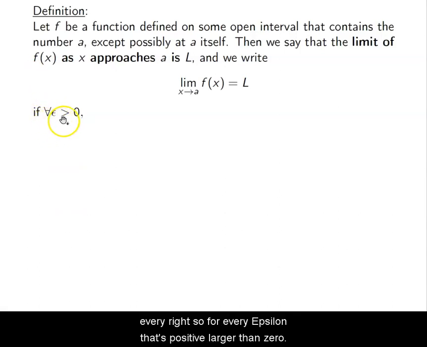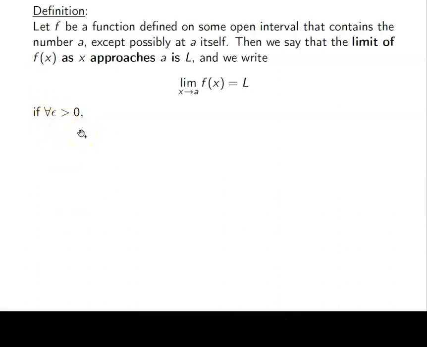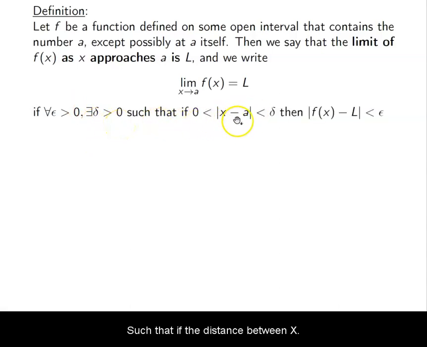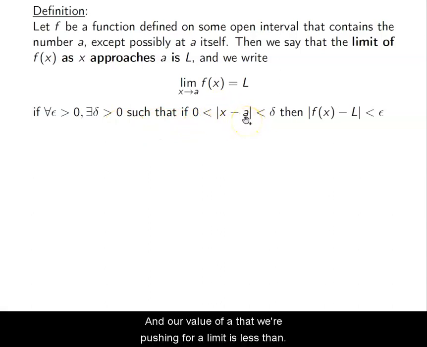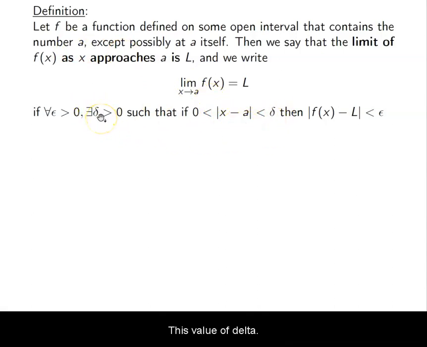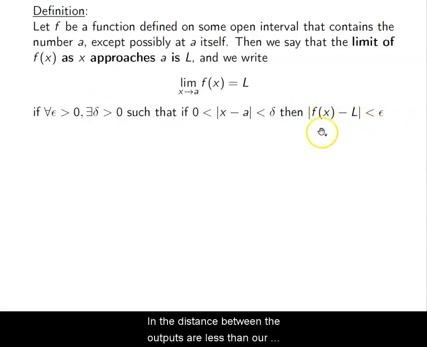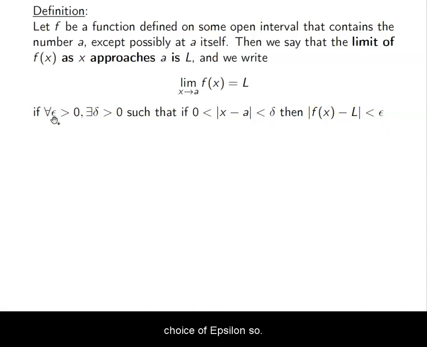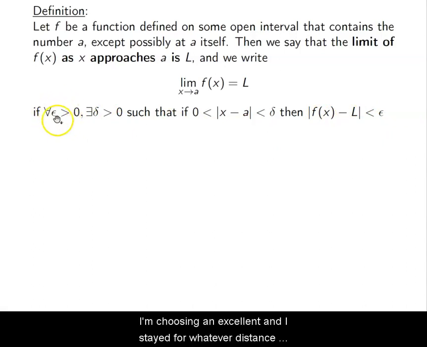So for every epsilon that's positive, larger than 0, so this means any choice for the value epsilon that I can think of, there exists, this backwards e means there exists, a delta that is larger than 0, such that if the distance between x and a, so any other point and our value of a that we're approaching for our limit, is less than this value of delta, then the distance between the outputs is less than our choice of epsilon.